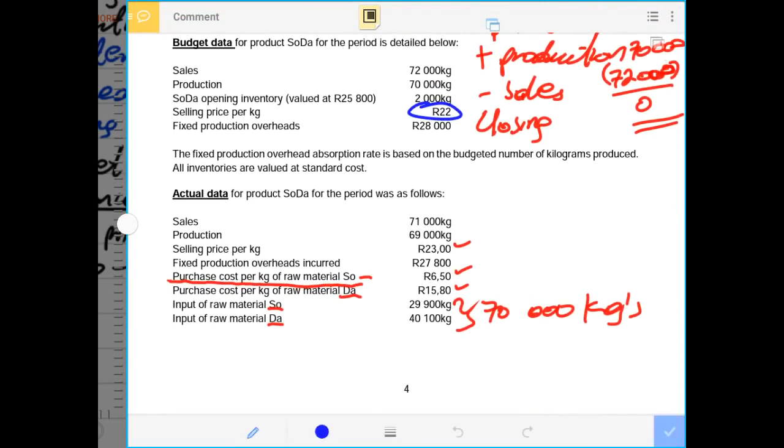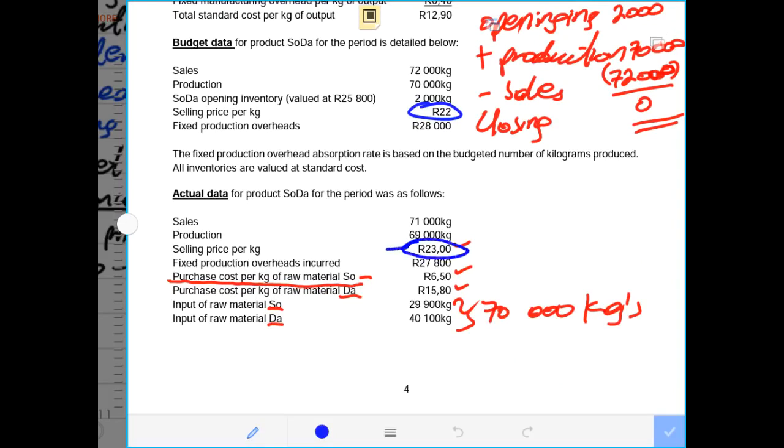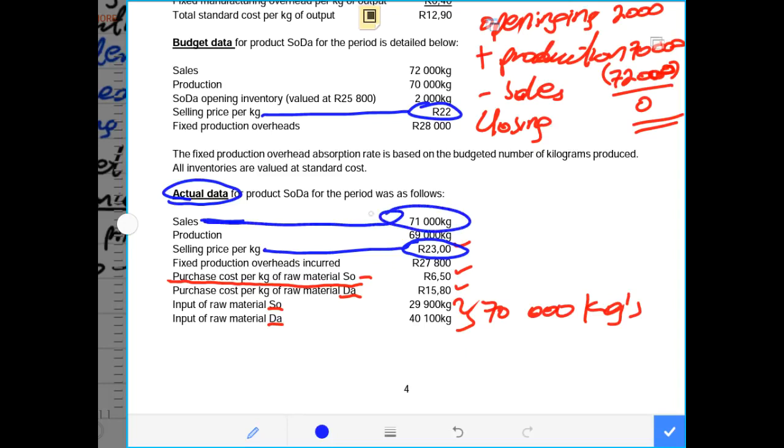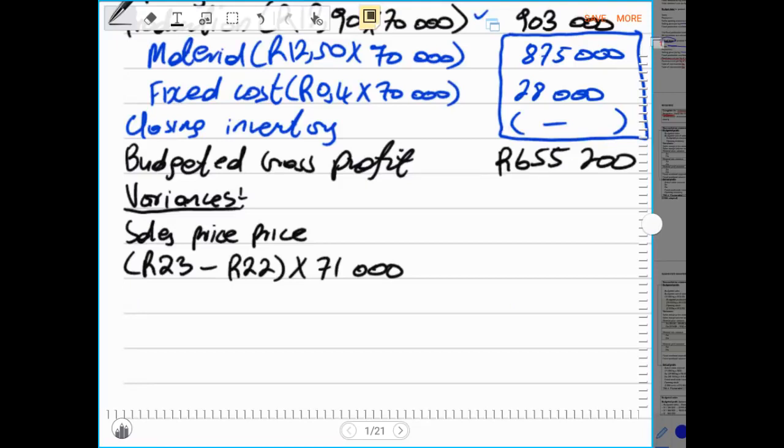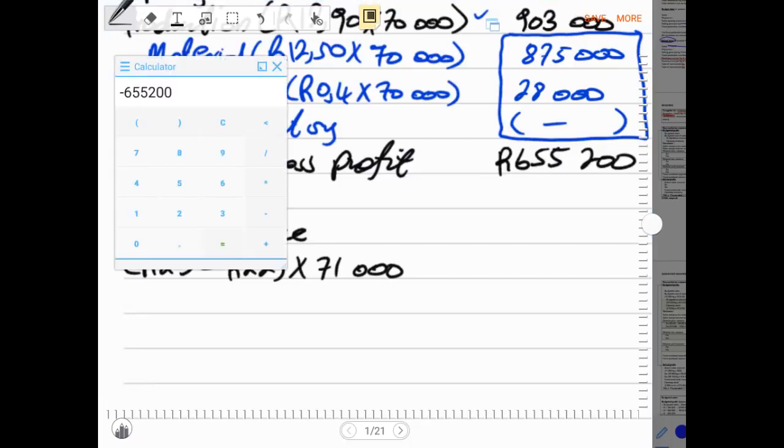However, the actual selling price was 23 rand. So we start with the actual, minus the budget, then multiply by the actual sales, which are 71,000. So it will be 23 minus 22, times 71,000.